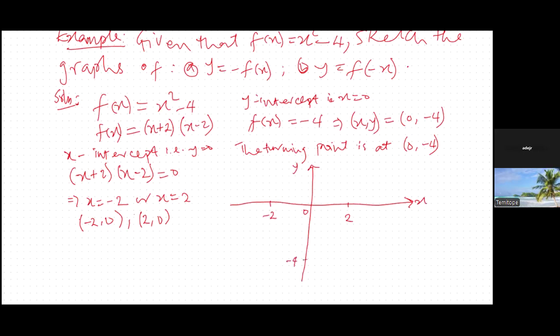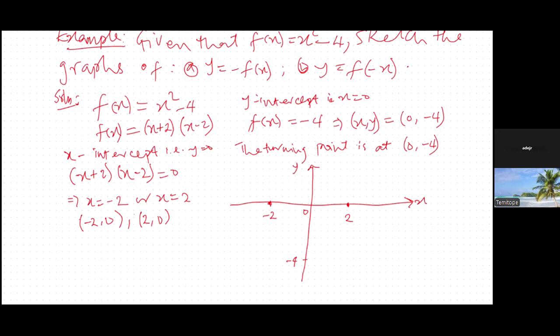Understood? So when y is 0, x is -2. This is a point. When y is 0, x is 2. This is the point. Then the y-intercept, which coincides with the turning point. Is that clear? That's when x is 0, y is -4.